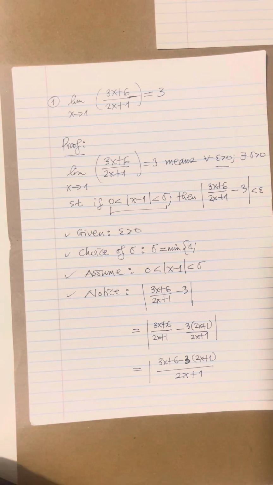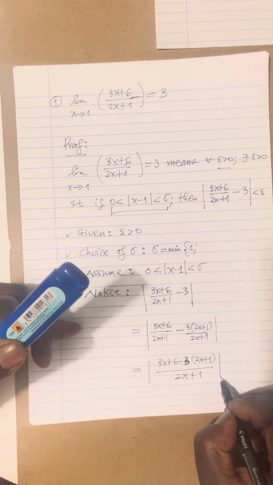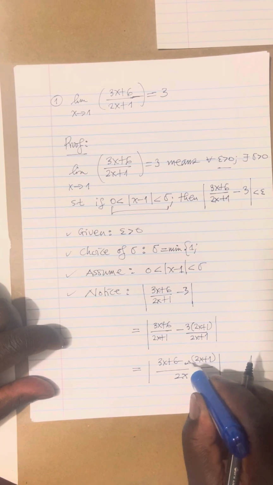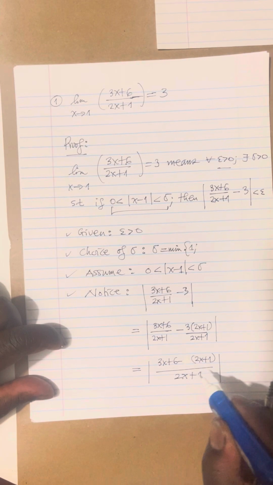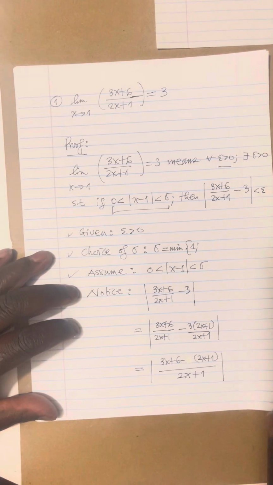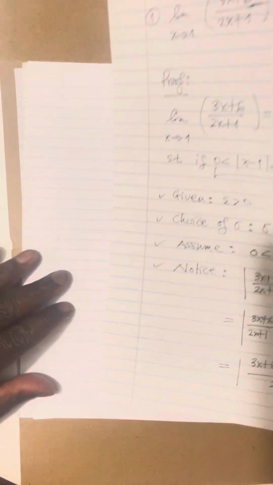Now, simplifying the numerator, let me rewrite that 3 there, but I'll come back and write that 3 in that place. Simplifying the numerator, what do we get?